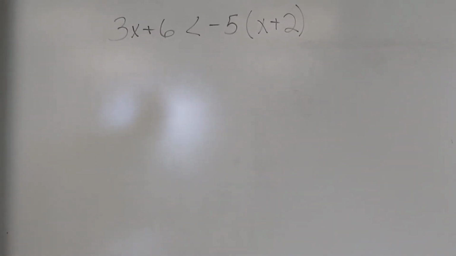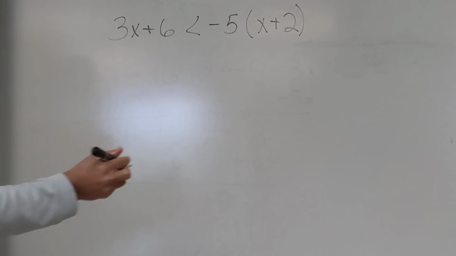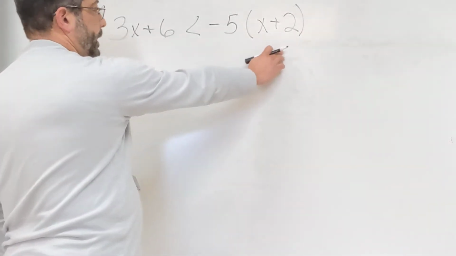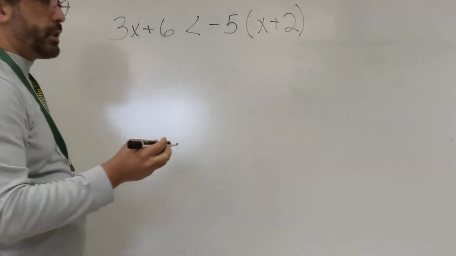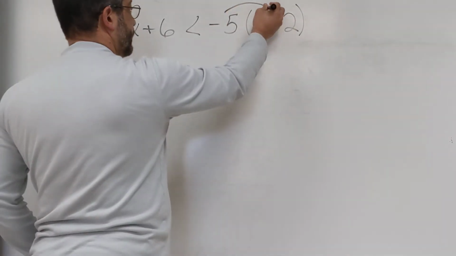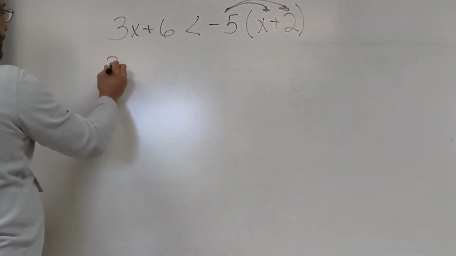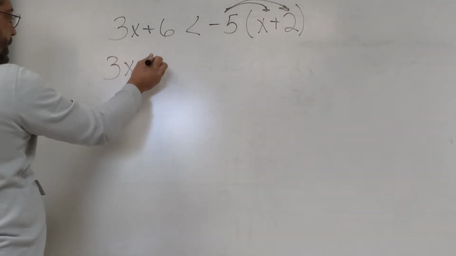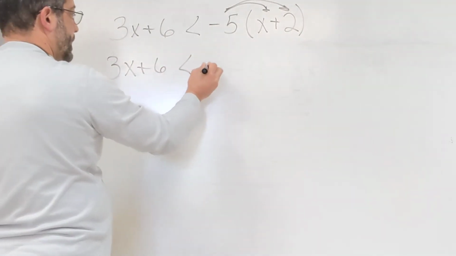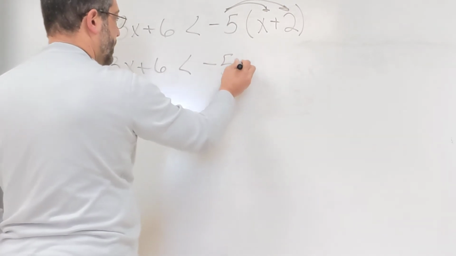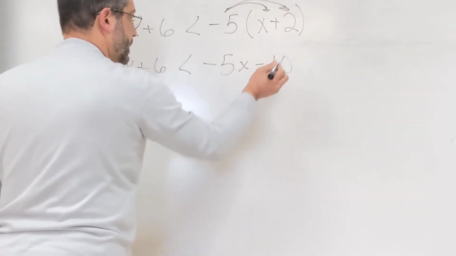Here's what I need to do here is I have parentheses over here, so I need to distribute. So that's going to give me 3x plus 6 is less than a negative 5x minus 10.